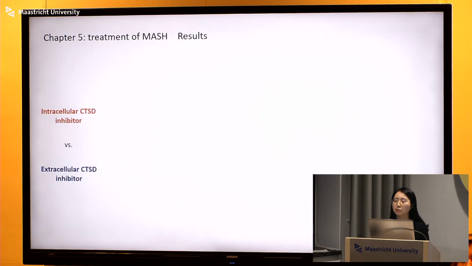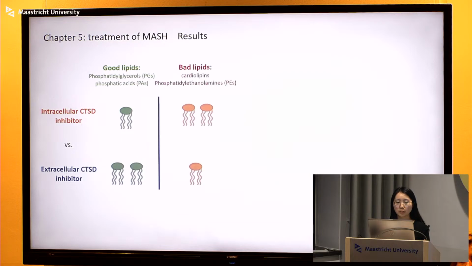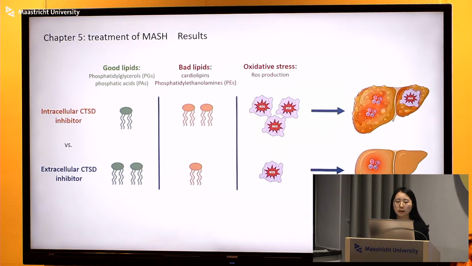The results showed that the extracellular inhibitor-treated group had increased good lipids, which are associated with reduced inflammation. And also, the extracellular inhibitor-treated group had reduced bad lipids, which are associated with mitochondrial dysfunction. Finally, the extracellular cathepsin inhibitor-treated group had little to no detectable oxidative stress.